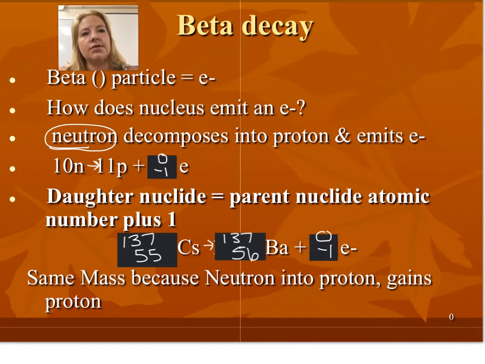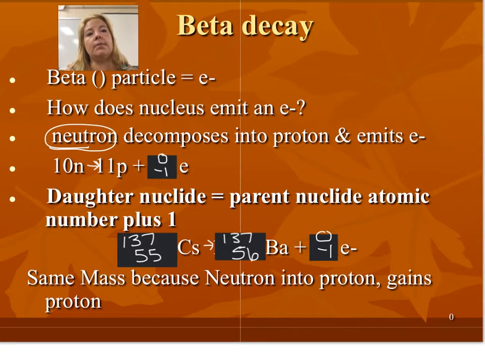So the key thing to remember here is neutrons have a mass. Well, if a neutron breaks down into a proton here, well, a proton also has a mass. So the mass is not going to change, because if I have something that has one mass and it breaks down into something else that also has one mass, the mass is not going to change.